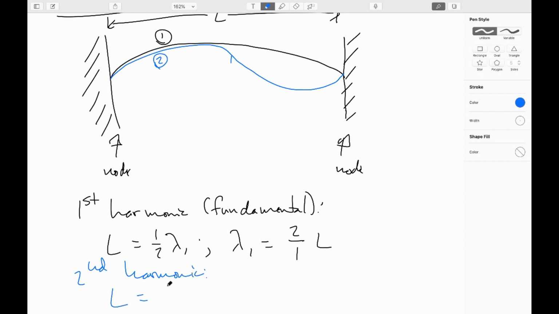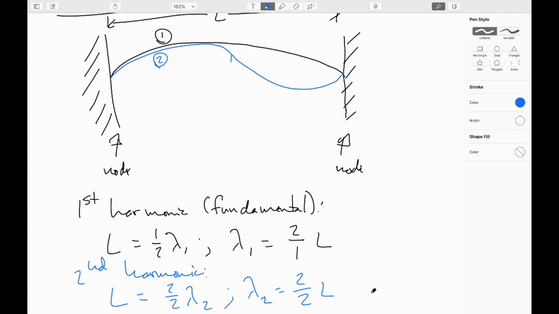So the length of the string would be 2 over 2, or just one entire wavelength at that frequency. So the second wavelength where we can have constructive interference will be 2 over 2 times L. Yes, I know I could cancel the 2's, but I'm looking for a pattern here. So I want to leave it in to make the pattern obvious.